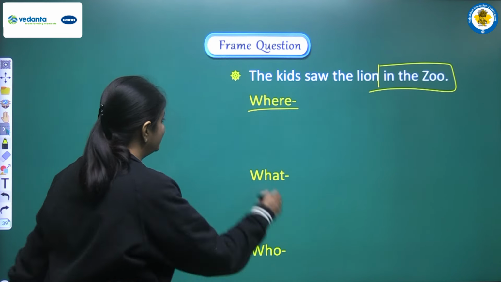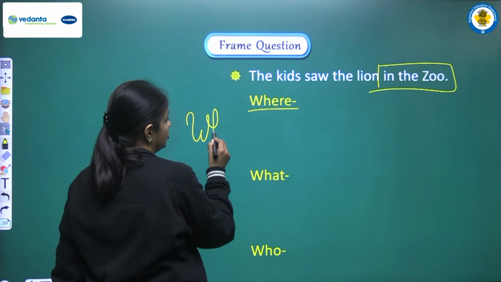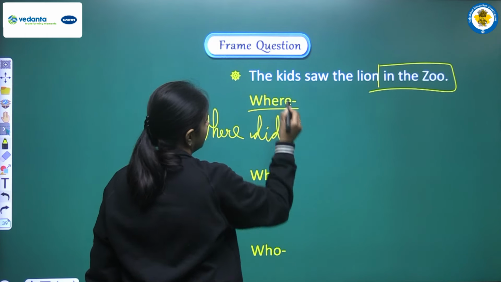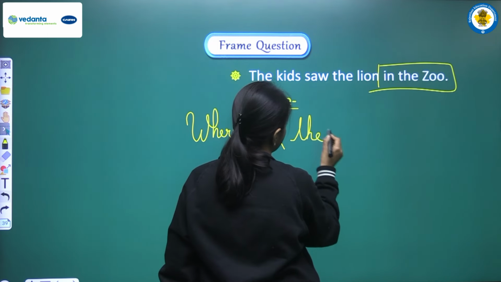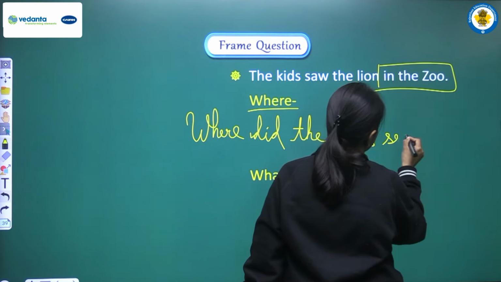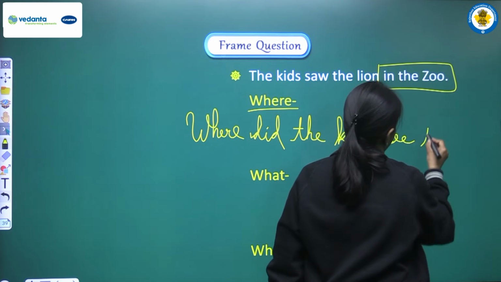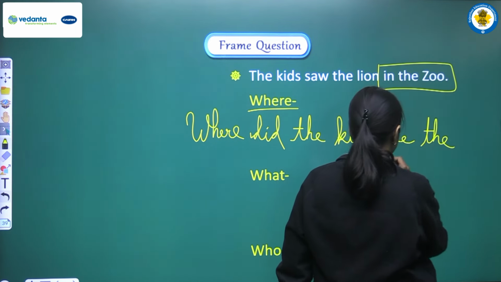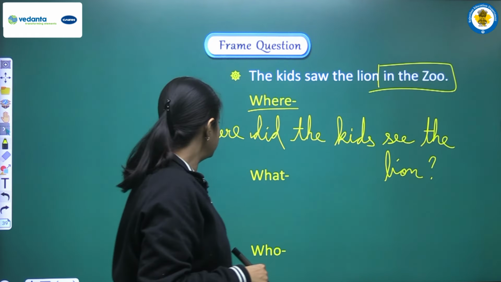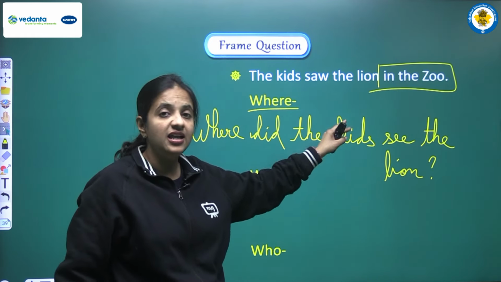Did is hidden here. So we have to use did. So let's see, where did the kids, first form see, the lion? And question mark. So the question is, where did the kids see the lion?